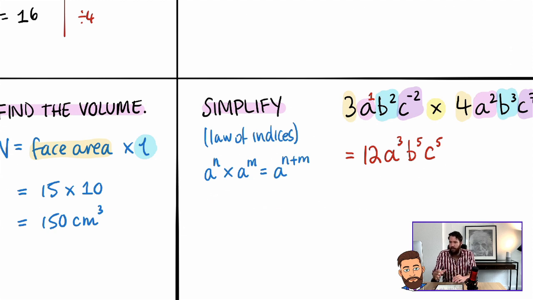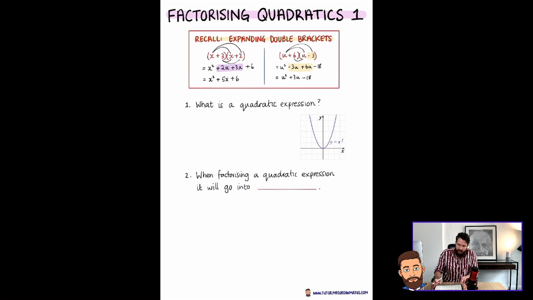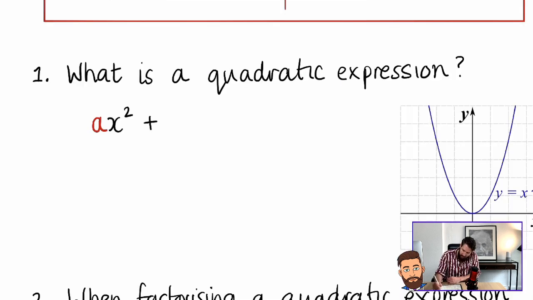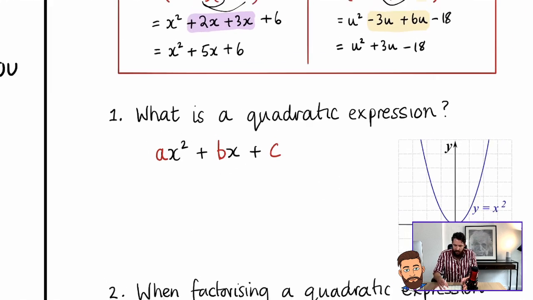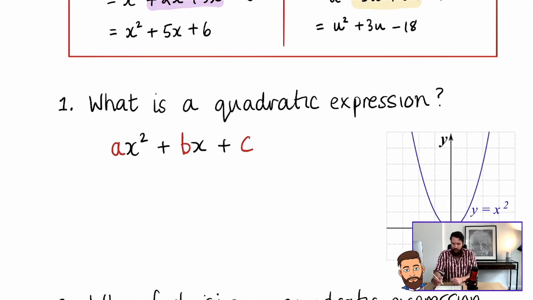And what that is, this, it is ax squared plus bx plus c. Okay, this is the general form of a quadratic.